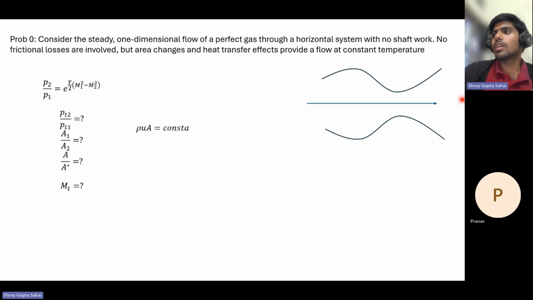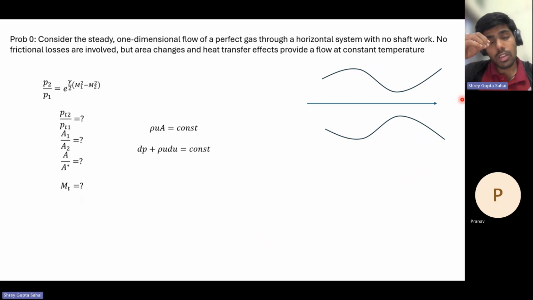Then we also know that dP plus rho u du is zero, very similar to the variable area flow, only that the energy equation will now be different, because generally the energy equation has to be this.